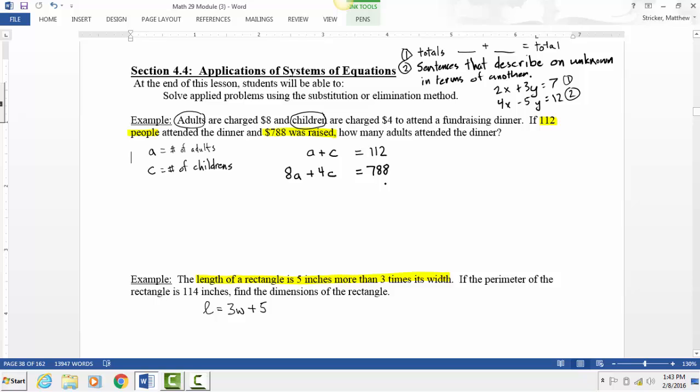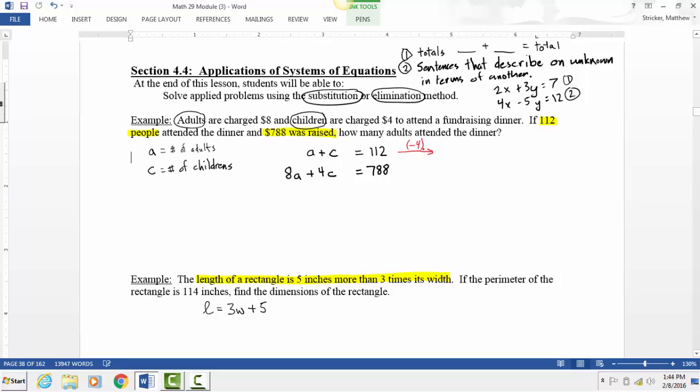And now is the place where we can either use substitution or elimination to solve this, and it's your choice, whatever method you feel more comfortable with. Remember, if anywhere in the equations we have numbers in front of the variables, a lot of times those are not good candidates for substitution. But like the first equation, we could solve for say A or C and do substitution, or we could just start with the elimination method, because I could multiply this top equation by -4.